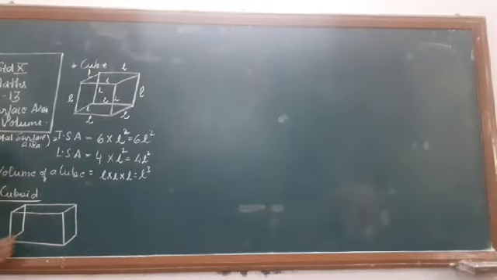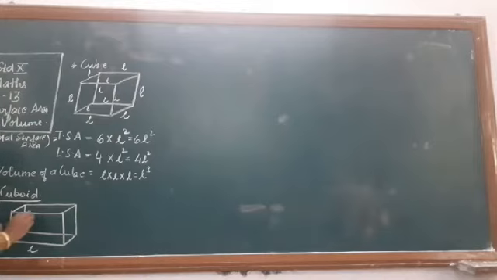Even cuboid has 6 faces. This is a cuboid. Okay. Cuboid also has 6 faces, but here we cannot say about the length, breadth, height being equal. Okay, so here if I take this particular side as length, this particular side as breadth and this as height.